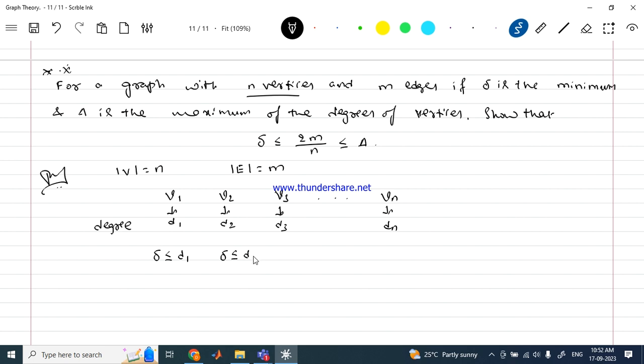Delta is also less than or equal to d2. Delta is less than or equal to d3, and so on. Delta is less than or equal to dn. Now let me just add all this. If I take the sum of this, that will give us delta plus delta plus delta and so on, less than or equal to d1 plus d2 plus d3 and so on plus dn.